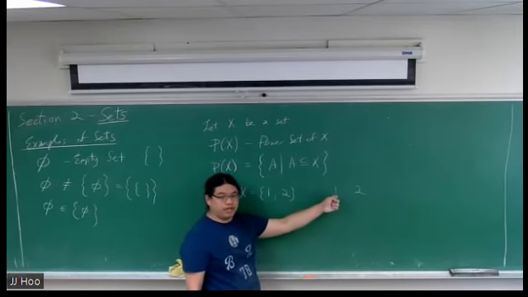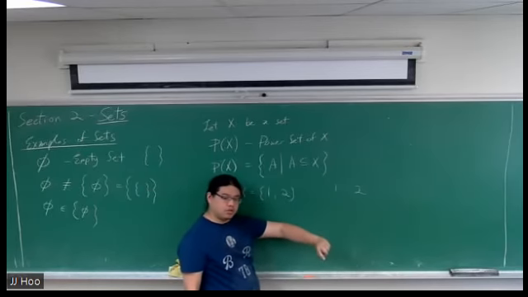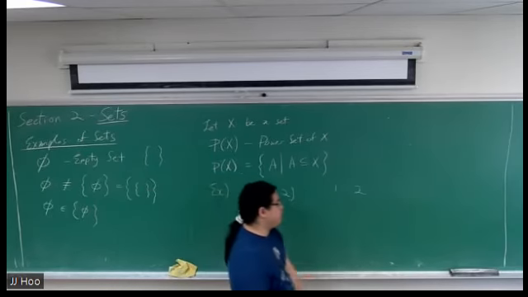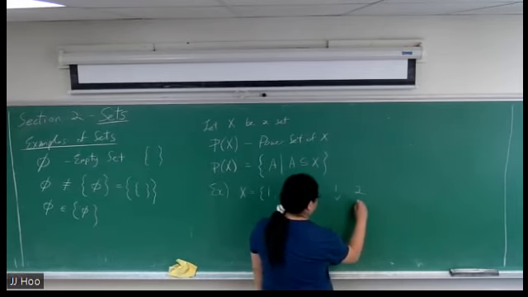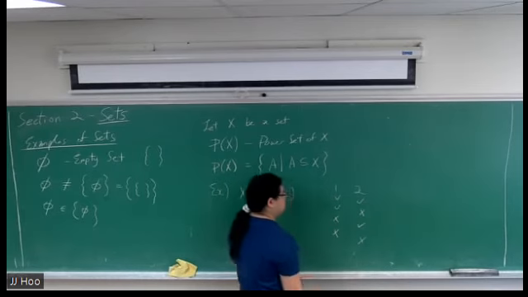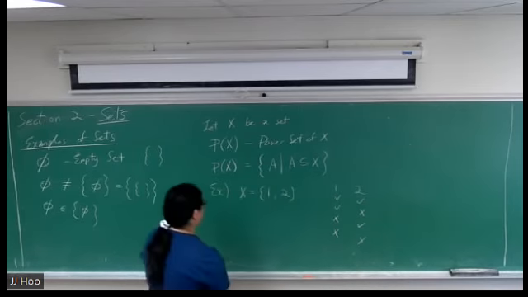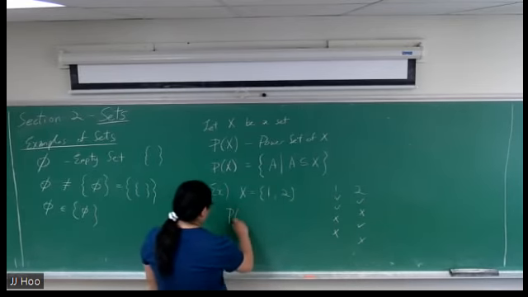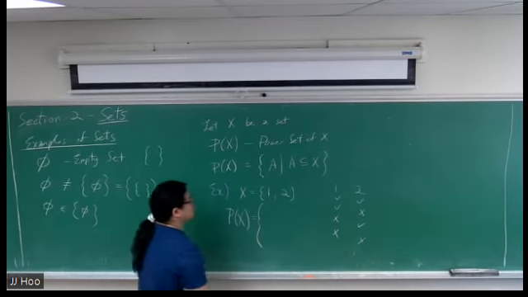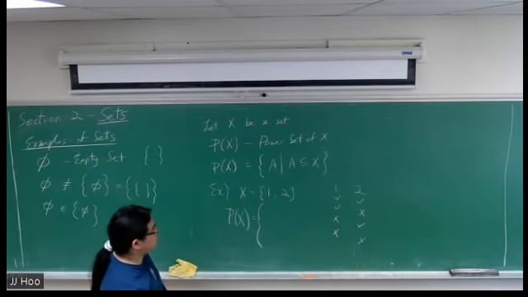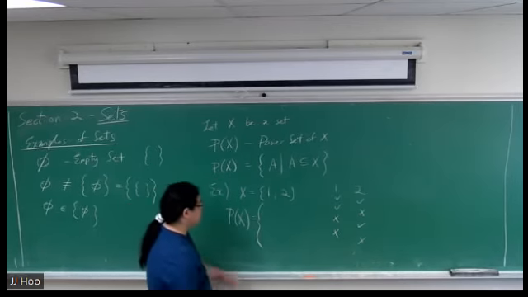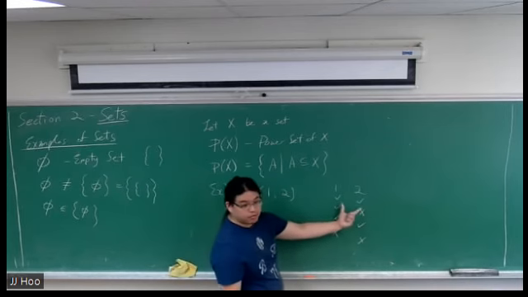As we talked about, either the element is in the set or the element is not in the set. So, right, these are all the possibilities. So let's write out all these. So first of all, the power set is a set, right? What's the first element of the set? It's an element that contains both of these.